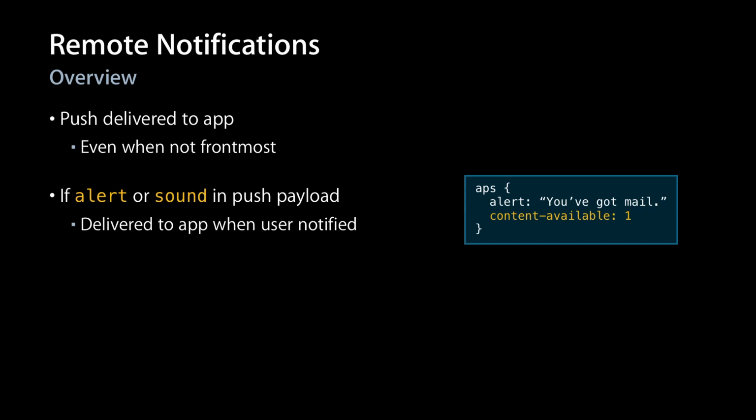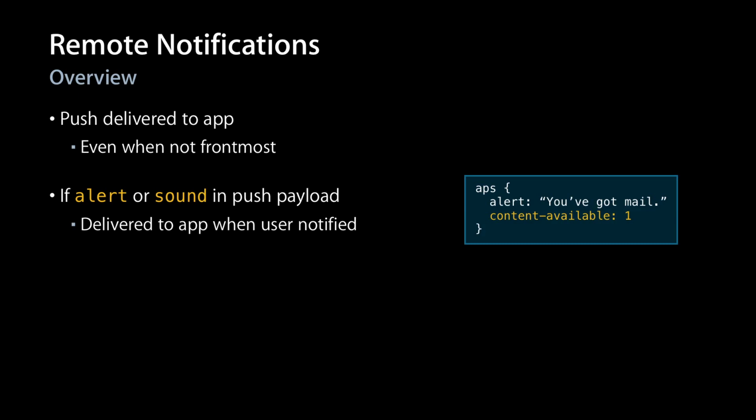So this is a change from iOS 6. In iOS 6, you would only hear about the push notification if you happened to be the frontmost app when it came in, or when the user tapped on the action button of the notification. And at that point, it's kind of late. The user's already acted on the notification, but this is the first time you were hearing about it, so you're kind of behind the game already.